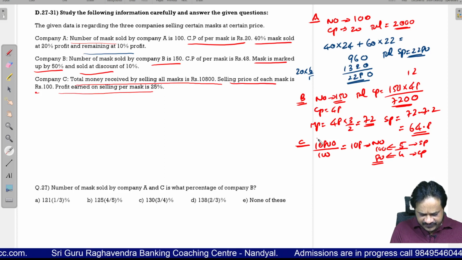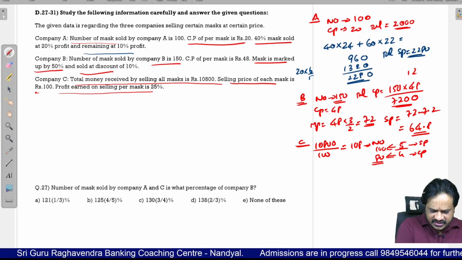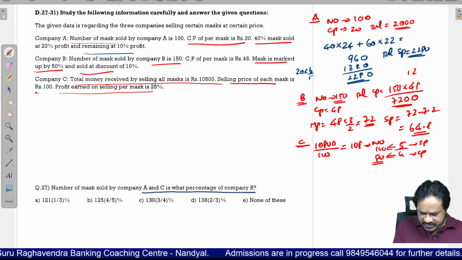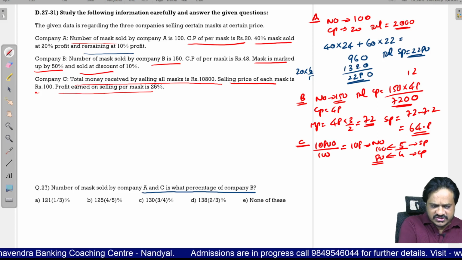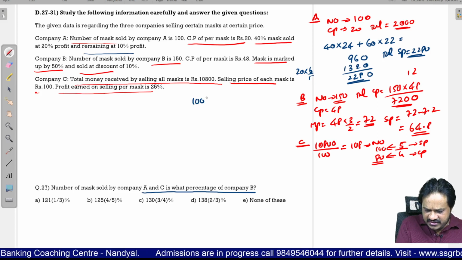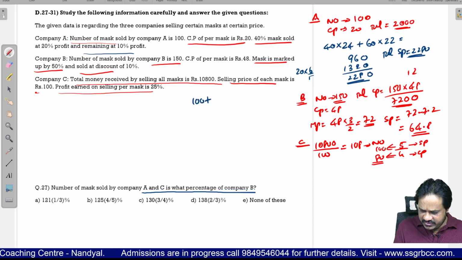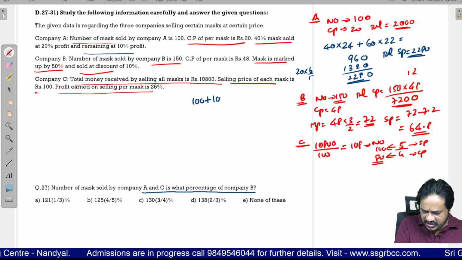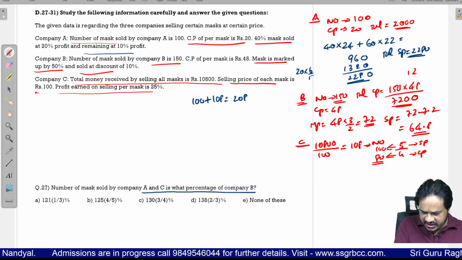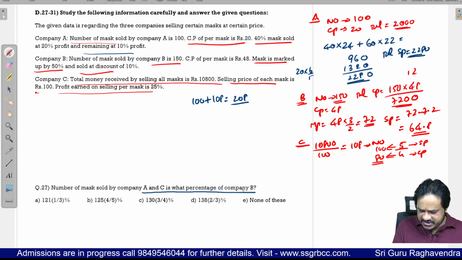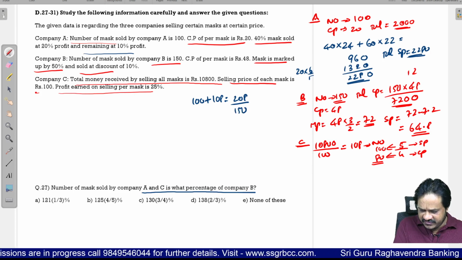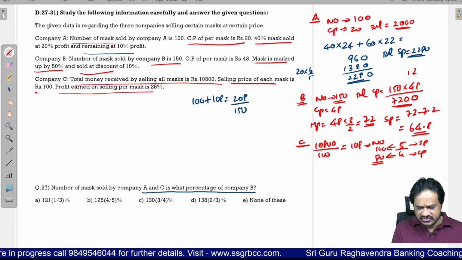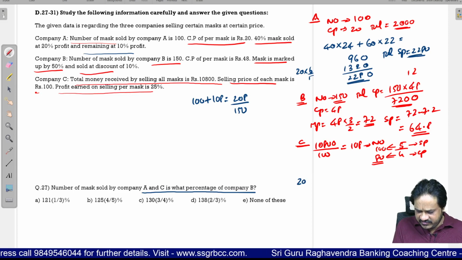First question, the number of masks sold by A and C is what percent of B? So, number of masks sold by A, it is 100. Number of masks sold by C, that is 108. Total is 208. This is what percent of B? B masks is 150. So, the question is 208 by 150 into 100.